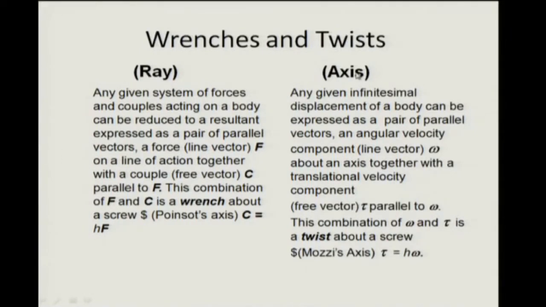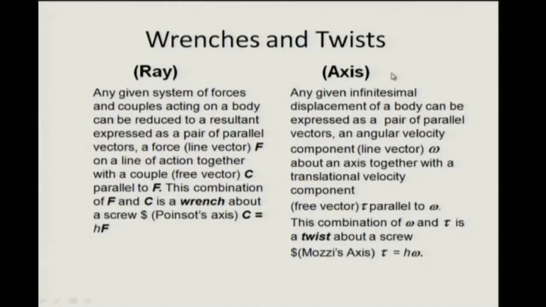Now what Mozzi came from was that he was looking at displacements of the body. He said any given infinitesimal displacement of a body can be expressed as a pair of parallel vectors. It is a similar definition: an angular velocity component omega about an axis, together with a translation velocity component tau parallel to it.